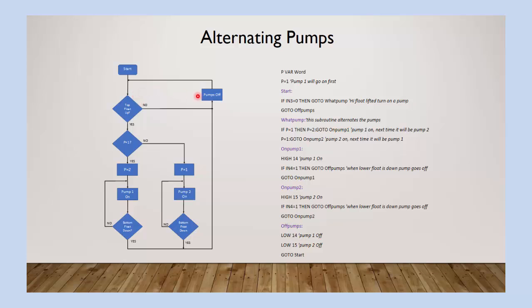Now once the pump shuts off, we're going to ask ourselves again, is the top float up? And if it is, we're going to ask if P equals 1. Now P is not going to equal 1 once the first pump went on, because we then changed P to 2. So therefore now P equals 2. So we go down this way.